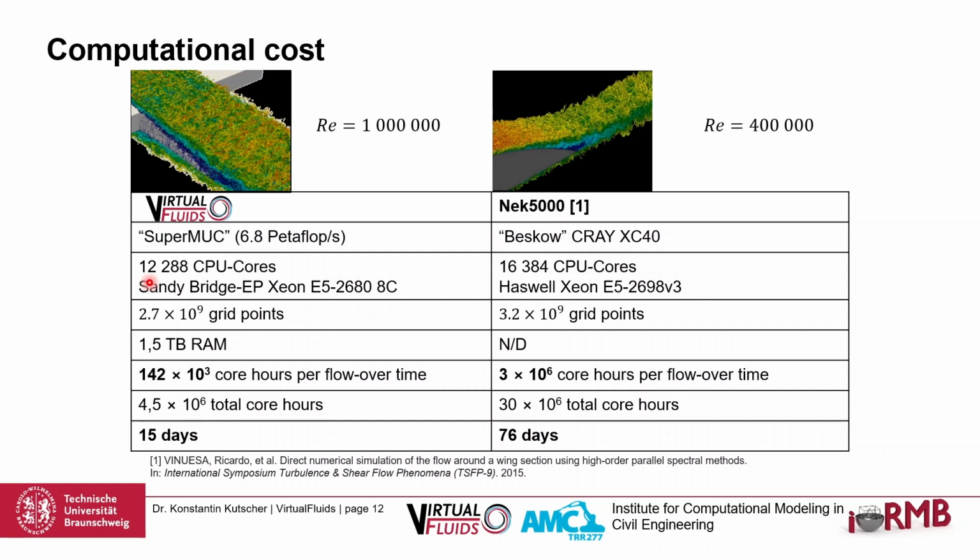This was Sandy Bridge, slower than other CPUs. It needed about half a terabyte of RAM, and in total 142,000 core hours per flow-over time, meaning one time complete pass over this airfoil. The total was 4.5 million core hours.